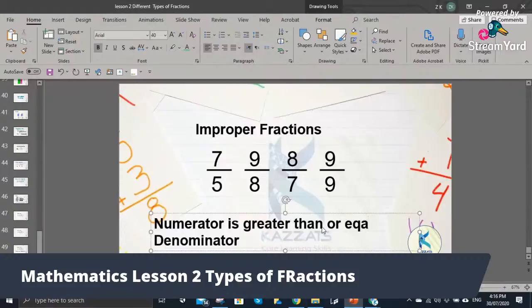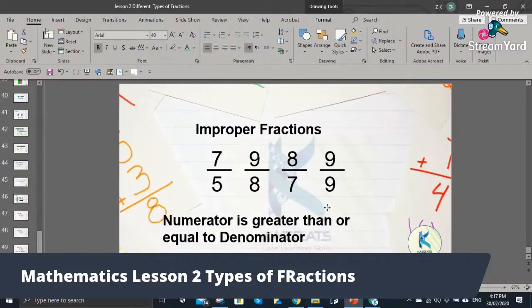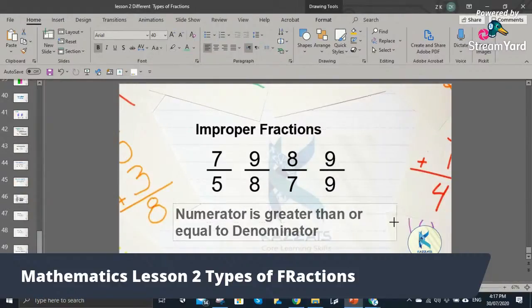Okay. There are two definitions for this. One is greater than and the other is equal to.